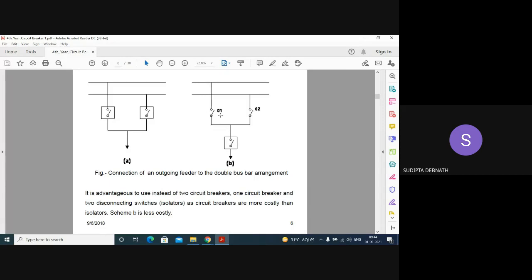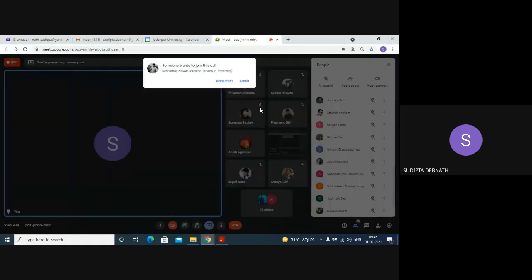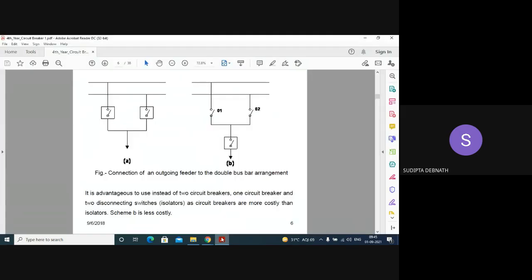First the isolators will be closed because they are operated under no load condition, and then the circuit breaker will be closed. In this way, the circuit breakers and isolators are operated.